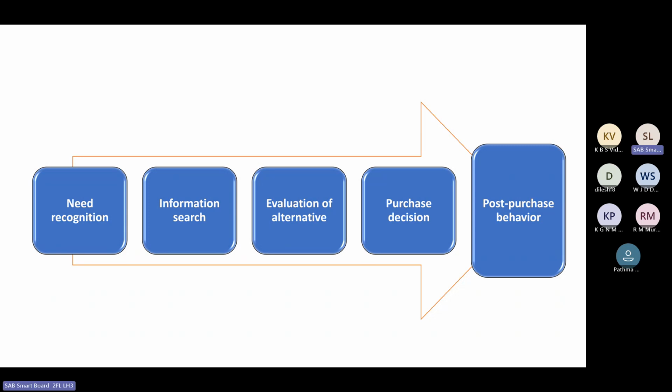Selecting a hotel for the birthday party. Yes. Then your need recognition stage is fine, right? Then go for information search. So for that, we are searching what hotels are available for that day.